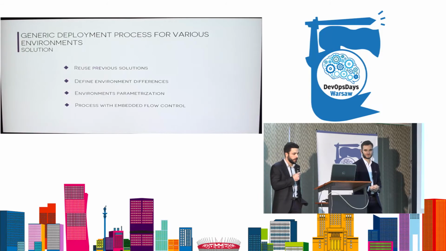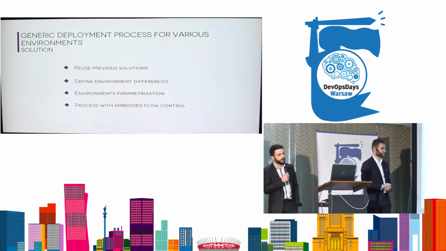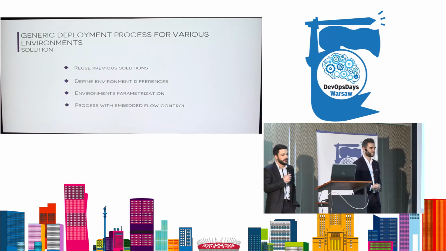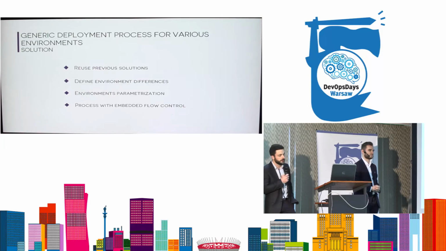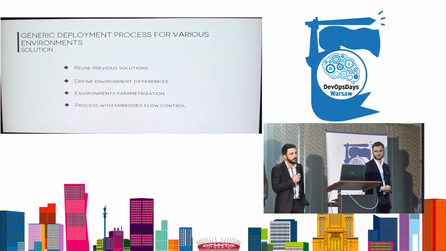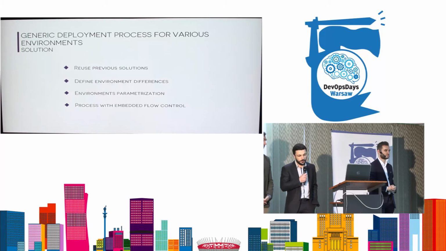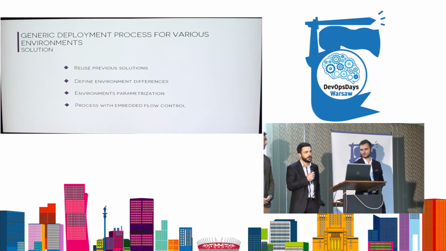We can control, steer the workflow of the deployment process by using flags, or we can use parameters holding specific values for an environment. When we know all these differences and we know all possible values for parameters, we can create a process with workflow control that fits our deployment.